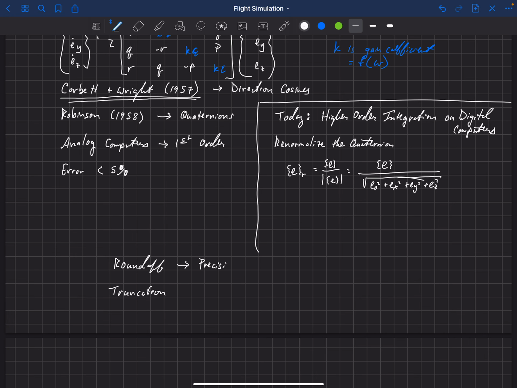It used to be that computers were single precision. Now today, pretty much every computer is doing things in double precision, and some of them can even do things in quad precision. So single precision, basically you're getting about 6 to 8 digits of accuracy in any number. With double precision, you can get up to 12 to 16 digits of accuracy.